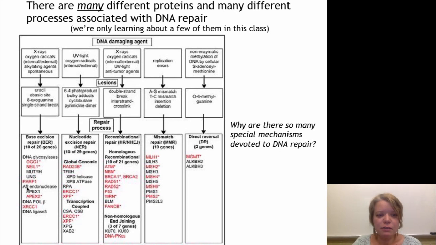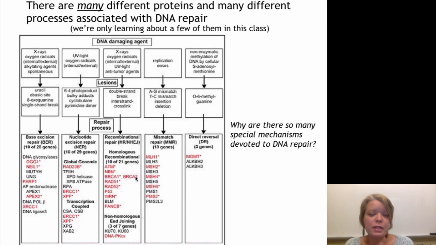A lot of the DNA repair mechanisms matter because when those proteins are mutated themselves, that is one of the reasons why we get cancer. For example, BRCA1 and 2.